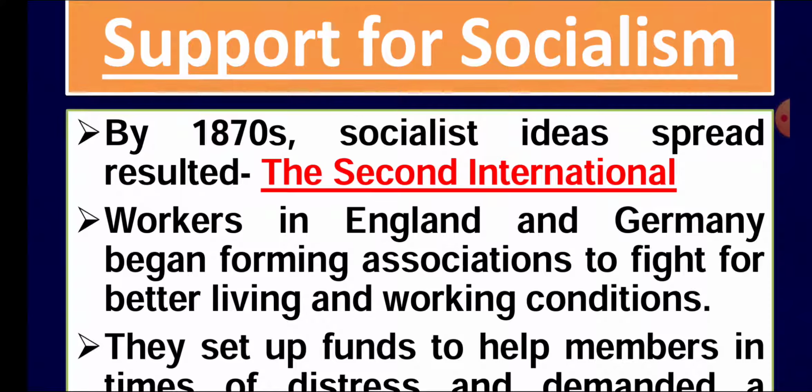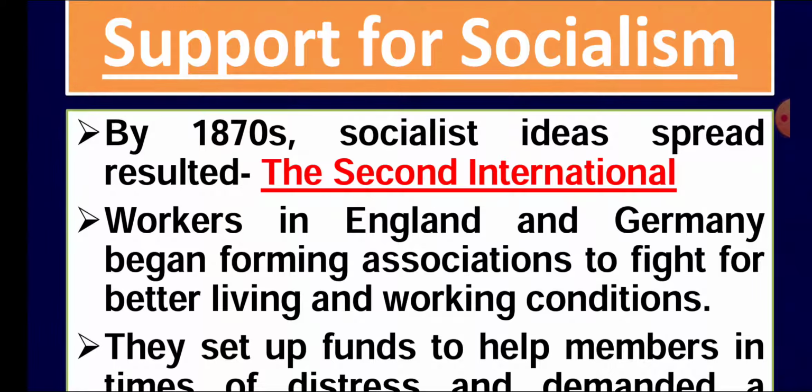The Second International and First International refer to labor organizations, international organizations of laborers. As you all know, we celebrate Labor Day on 1st of May. That is the result of these international organizations, where the rights of workers were specified.